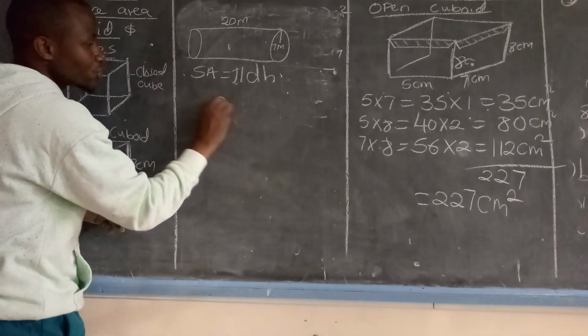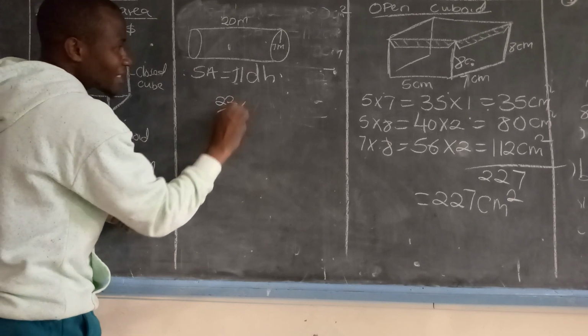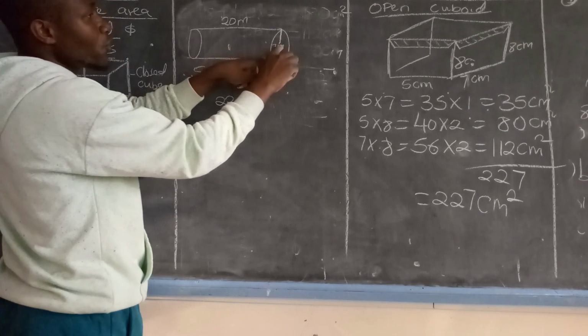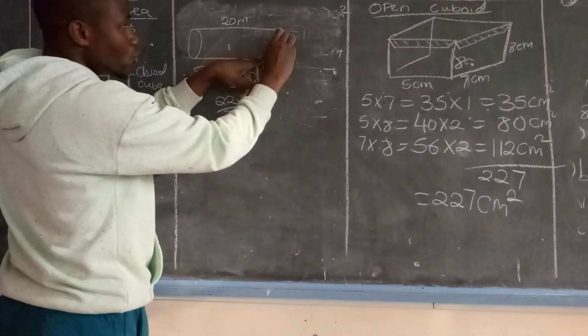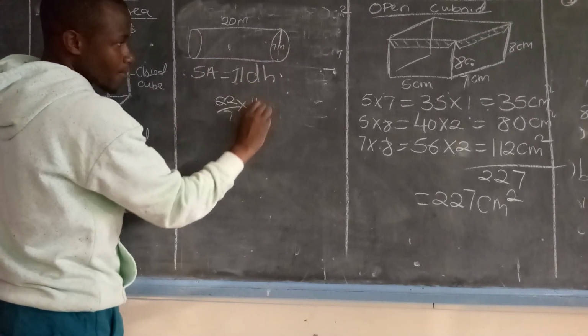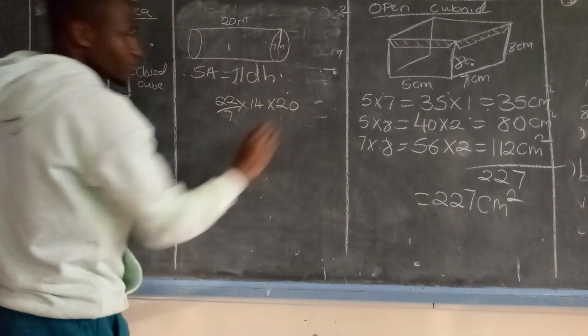So it is 22/7 times the diameter. This is the radius. From here, half of it is the radius. To find the diameter, it is 7 times 2, because the diameter has to go up to this end. So it is 14 times 20.